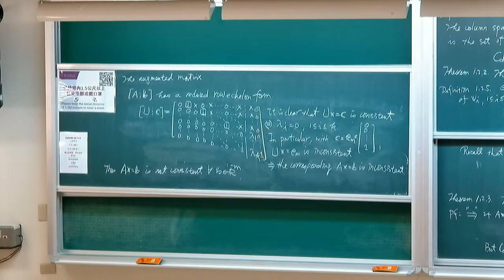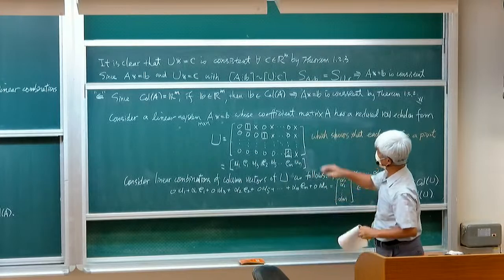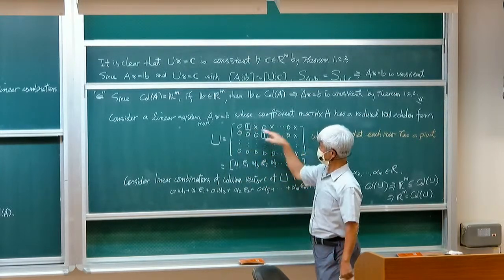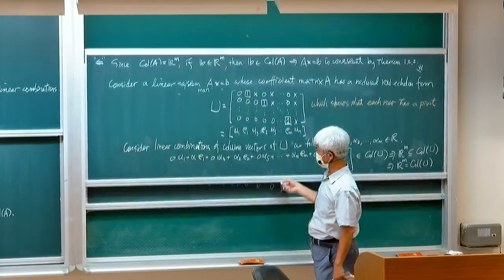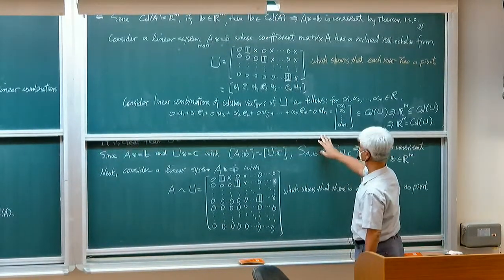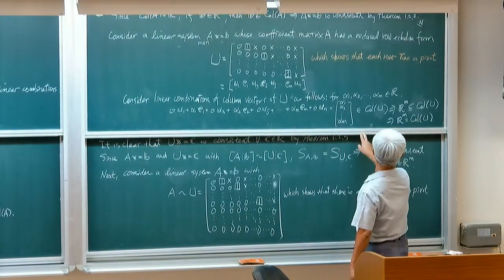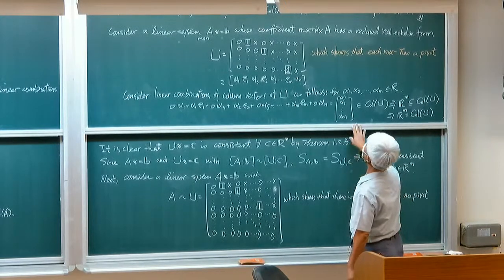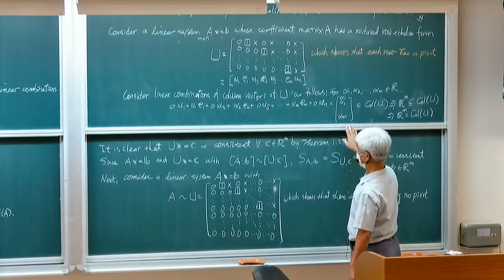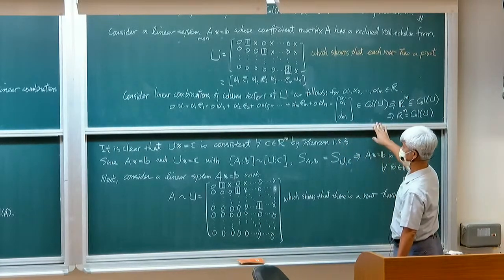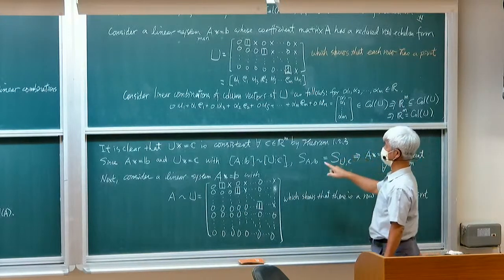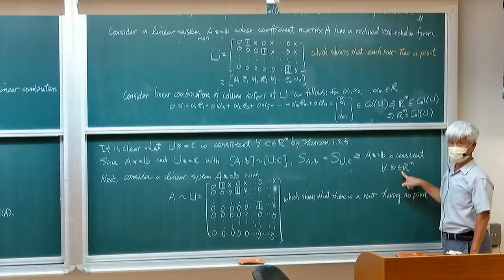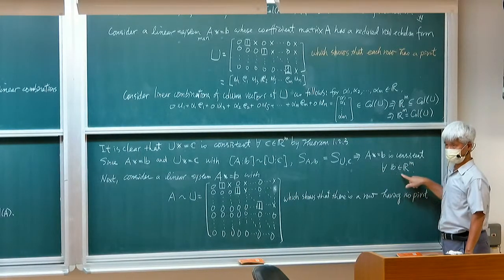If we have a linear system with a reduced row echelon form such that every row has a pivot, the conclusion is that Ax equal to B, the linear system, is consistent for all B in the m-dimensional Euclidean space, for all.